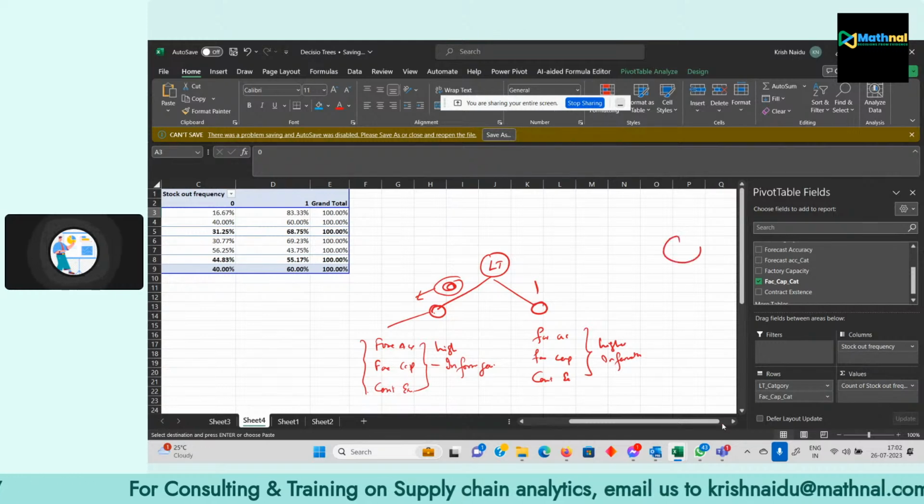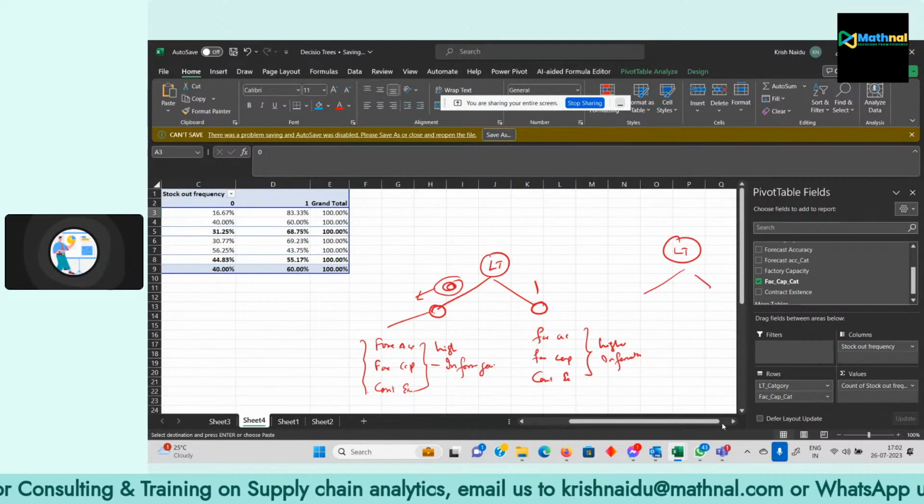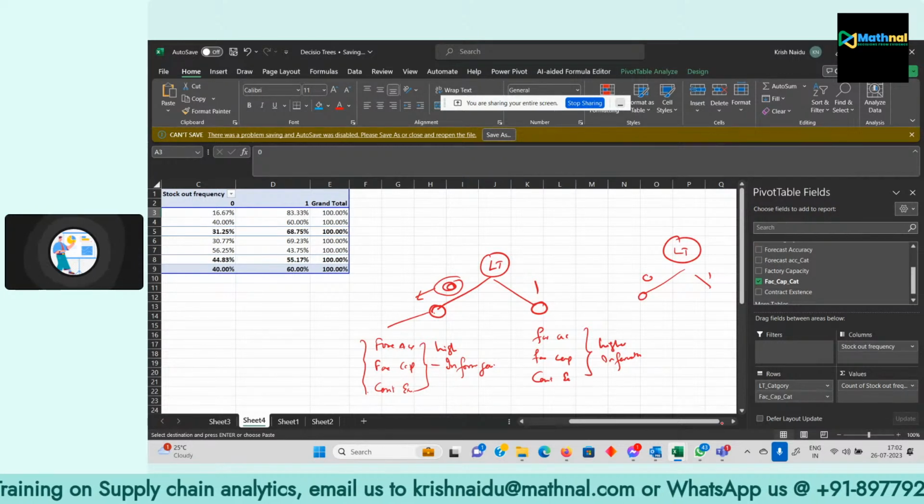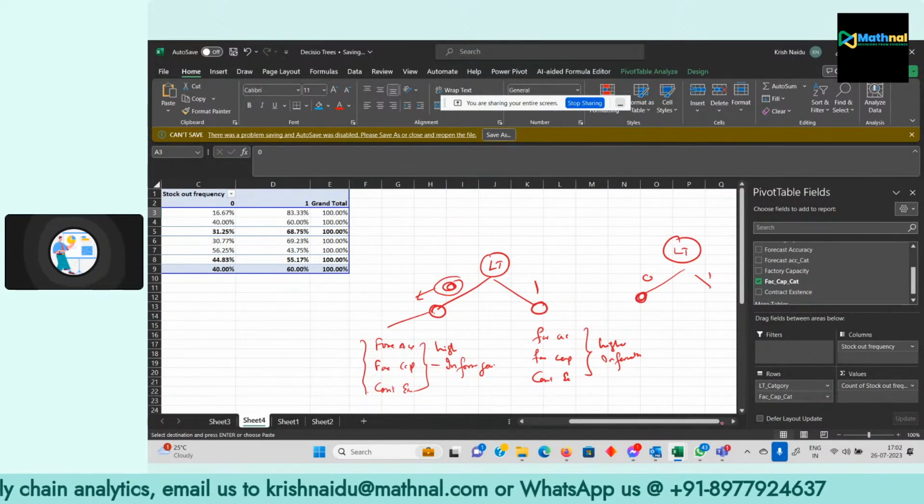Within lead time 1, among forecast accuracy, factory capacity, and contract existence, which one gives the highest information gain? We have to calculate this statistically for 0 and 1. For example, contract existence gives me the highest information gain here.